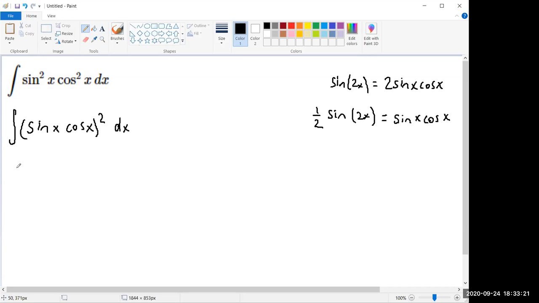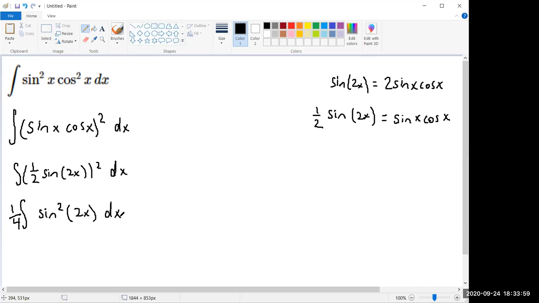So now using the identity, we get 1/2 sine of 2x, squared. Okay, great. I feel like we made progress. I guess we'll square it. So if you square it, you will get 1/4 sine squared of 2x.